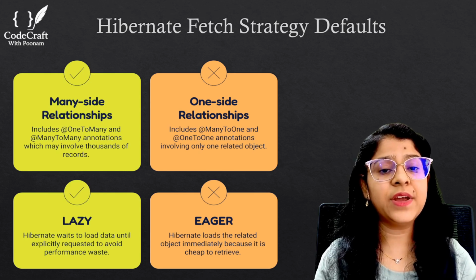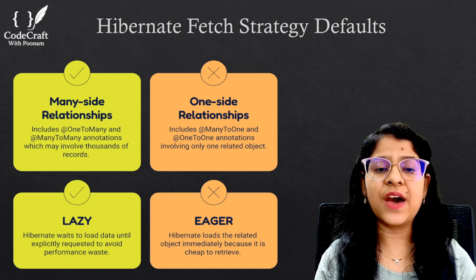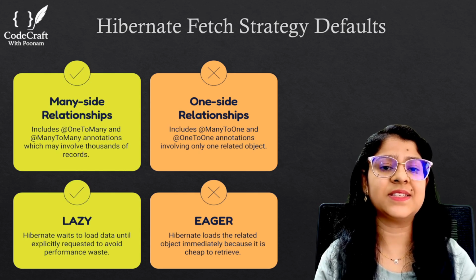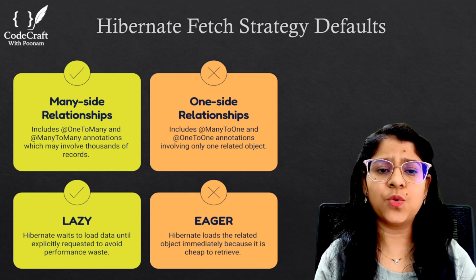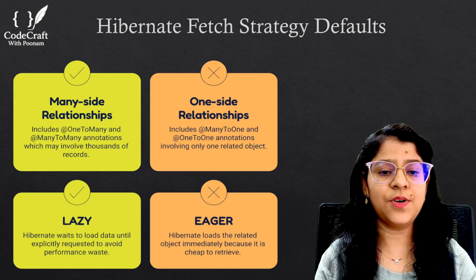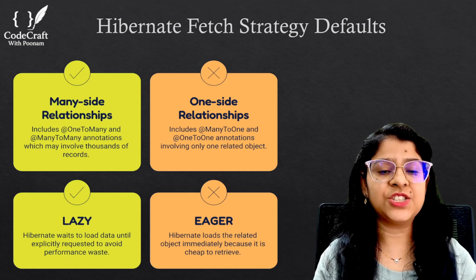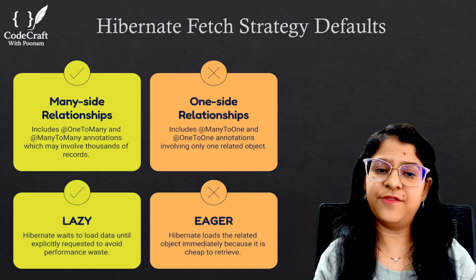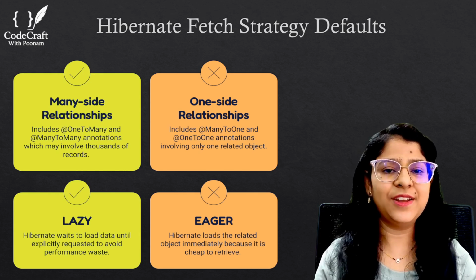And when you have @ManyToOne, that means we have one category per recipe. The category is just one row, so loading it immediately costs almost nothing. Got it? The memory trick to remember is that many relationships are lazy by default, and one relationships are eager by default.